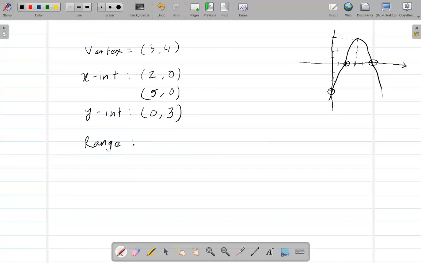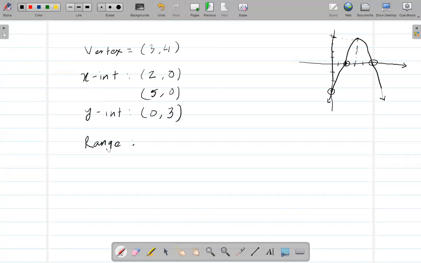If you see this graph, the y values start from this vertex point and go all the way down to infinity, because if you see this arrow, this is going towards infinity. This is also going towards infinity.